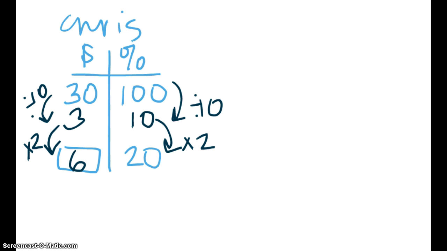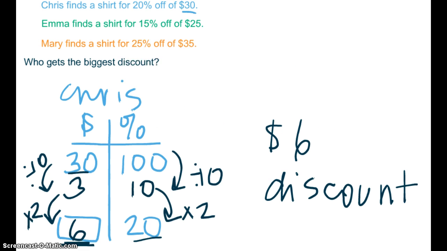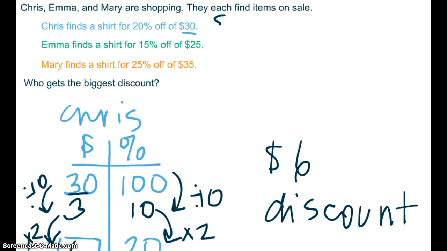So on a $30 item, 20% off would be a $6 discount. That's not the final price of the item, but that is a $6 discount. So Chris is going to save $6.